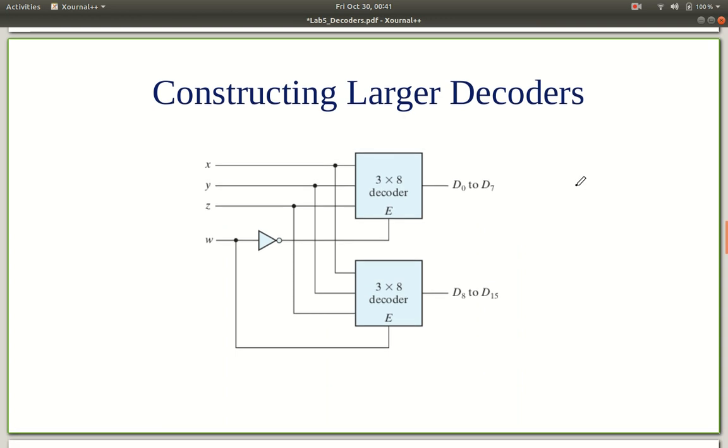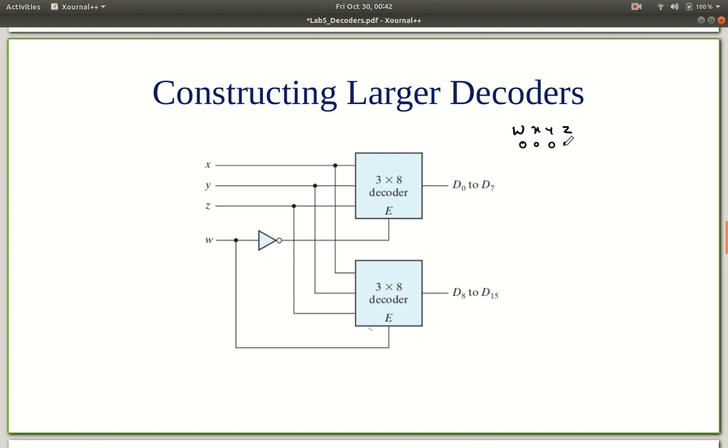One can combine smaller decoders to build a single large decoder. Let's see how we can use two 3-input decoders to make a single 4 input decoder. Let's say this is a decoder which has inputs W, X, Y, Z. Let's see what should be the outputs asserted for each of these combinations.